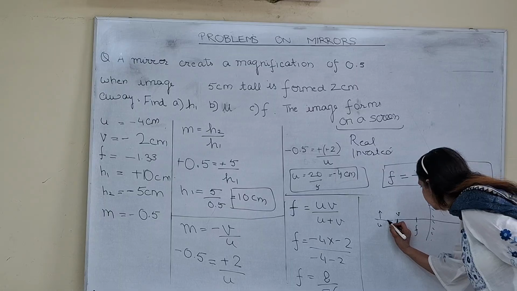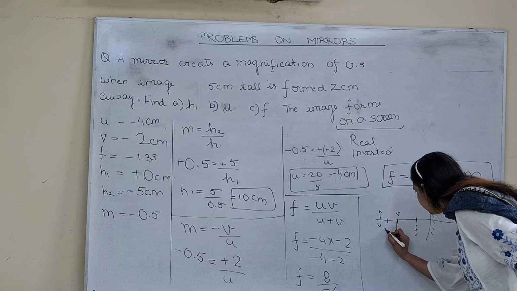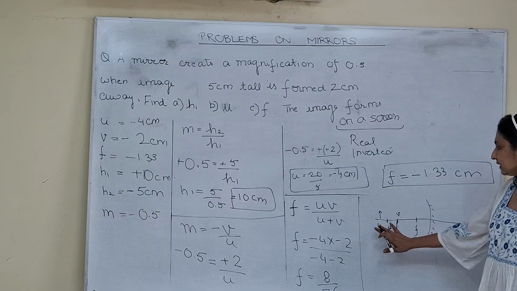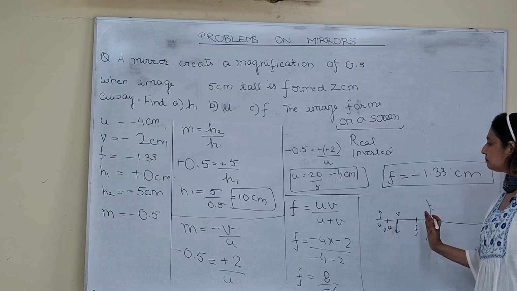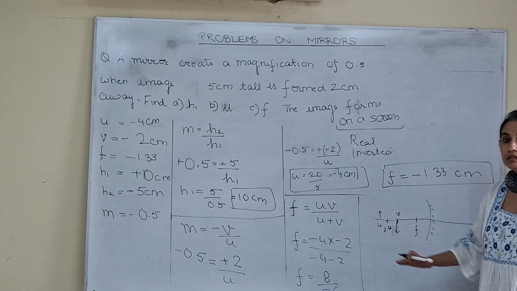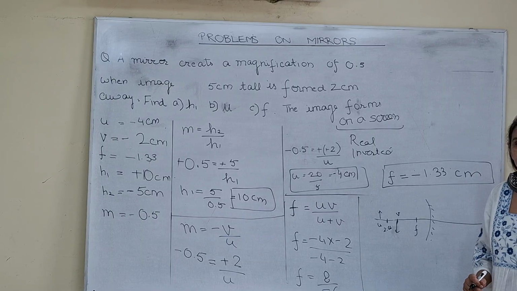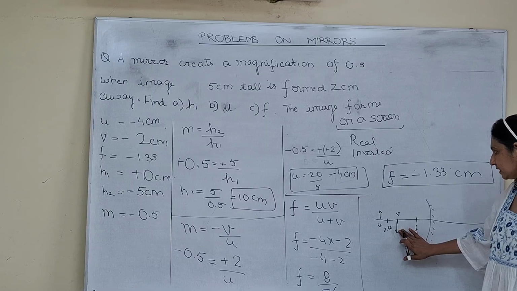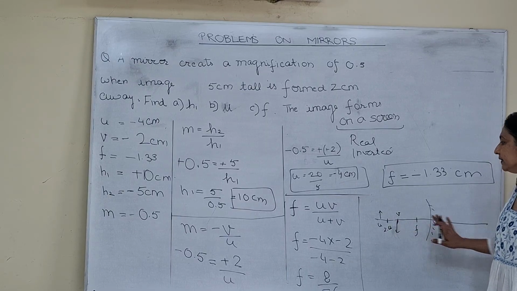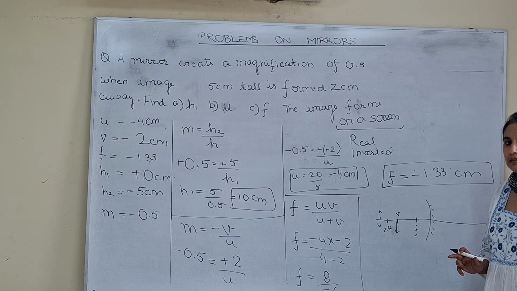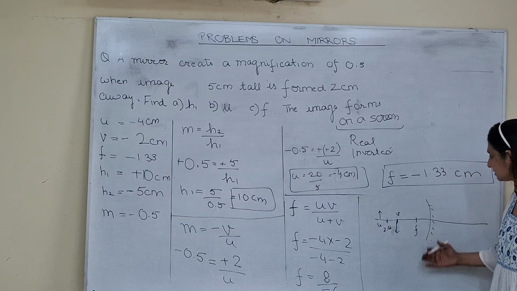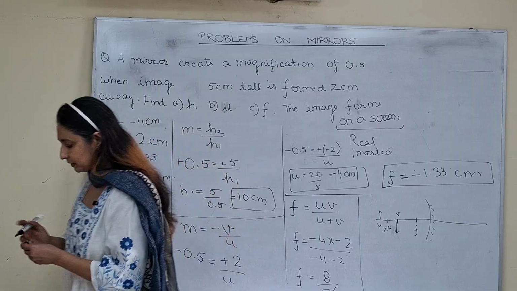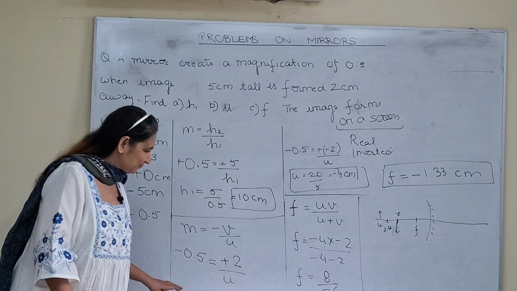So let's see, 2.66 is somewhere here, right? Between 2 and 6. So we get the case where the object is placed before center of curvature, and that's how we get an image which is inverted between C and F. So we have verified everything, and I think that should be the end of questions for today. Thank you.